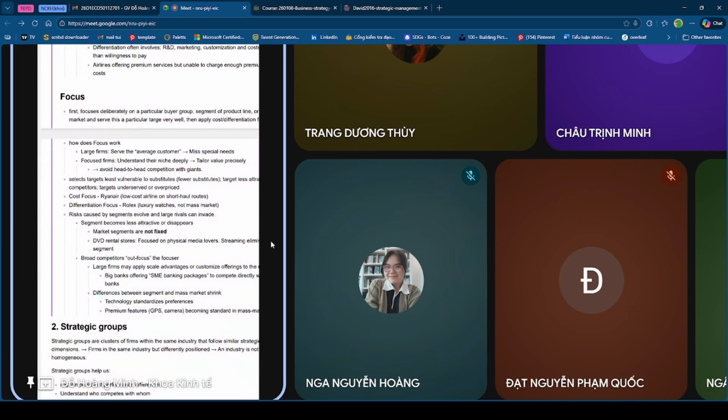If you combine the type of advantage and the competition scope, we can generate four types of competitive strategies. The first one is cost advantage at a broad scale, okay? Differentiation at a broad scale, cost advantage at the small scale, and differentiation at the small scale.